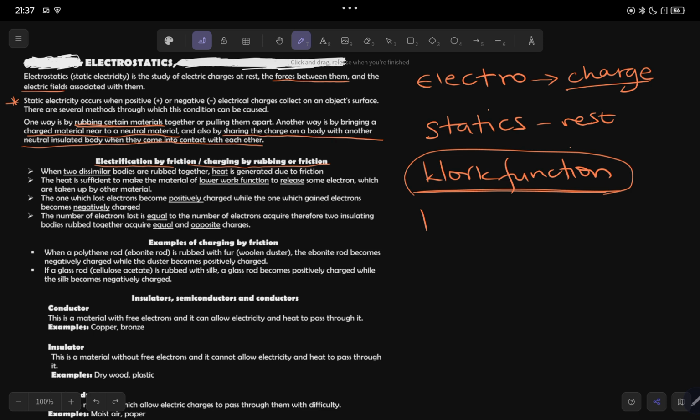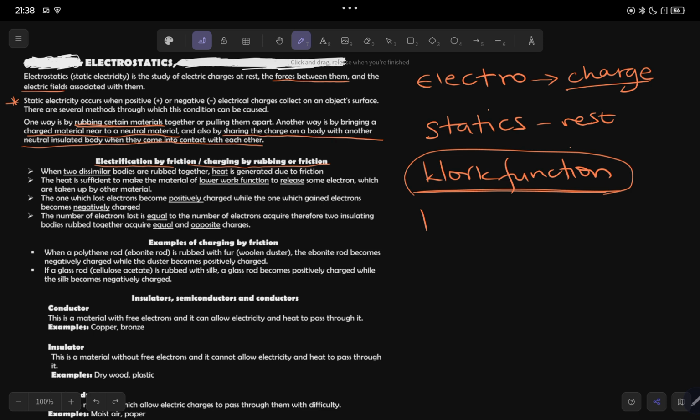For example, when you rub a polythene rod, also called an ebonite rod, with fur or a woolen duster, the polythene rod becomes negatively charged while the duster becomes positively charged. That means the polythene rod has gained electrons because it has become negatively charged.